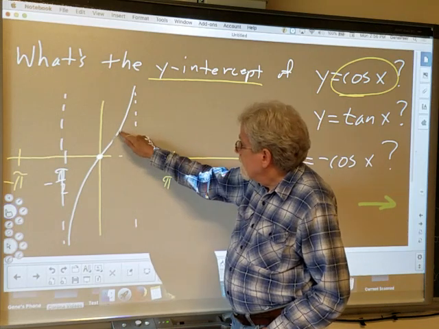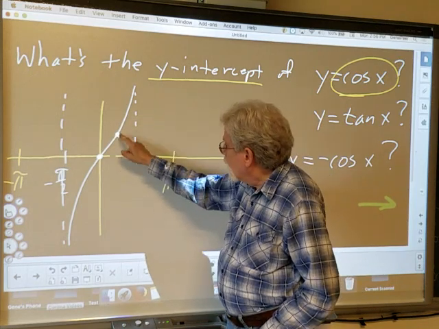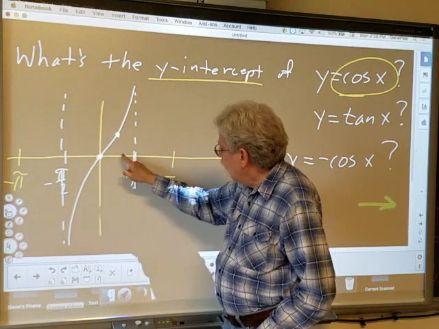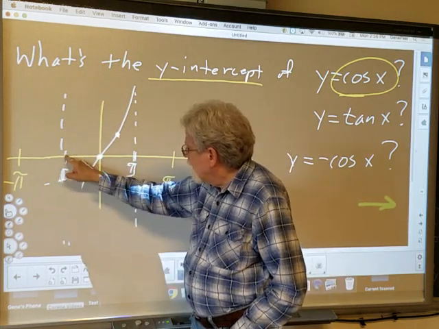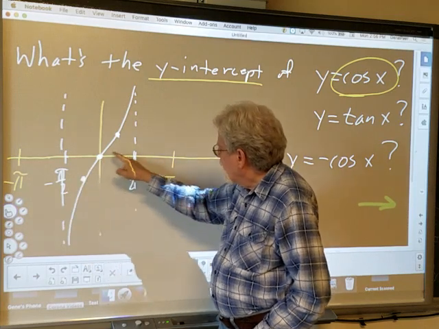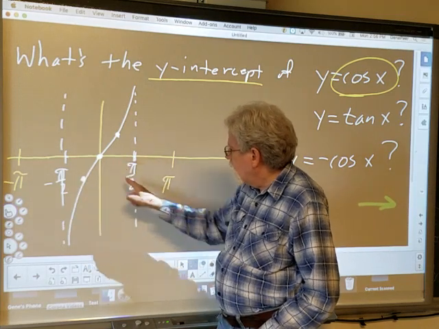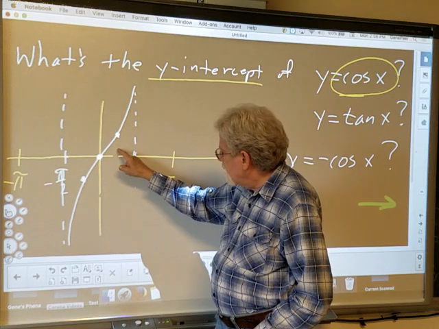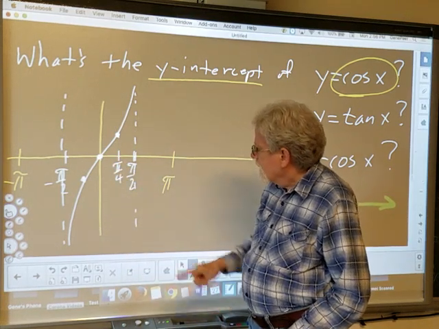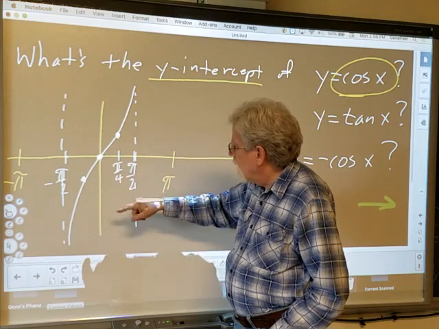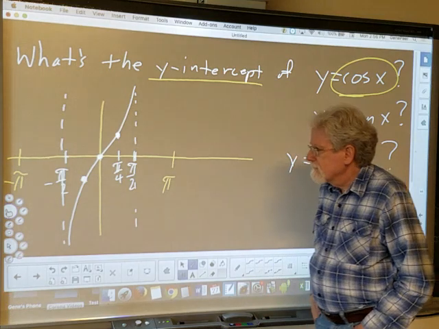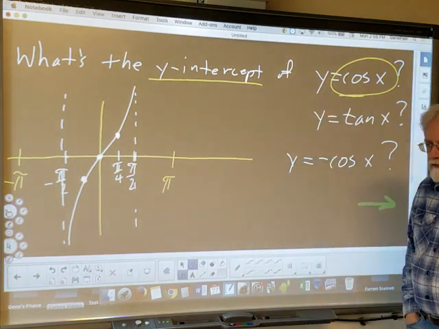And by the way, it has to pass through a y value of 1 halfway between these, and a y value of negative 1 halfway between these. Where is halfway between, by the way? If that's 0 and that's 1/2 pi, this must be at 1/4 pi. So at 1/4 pi, it passes through 1. At negative 1/4 pi, it passes through negative 1. Those are the hallmarks of tangent.